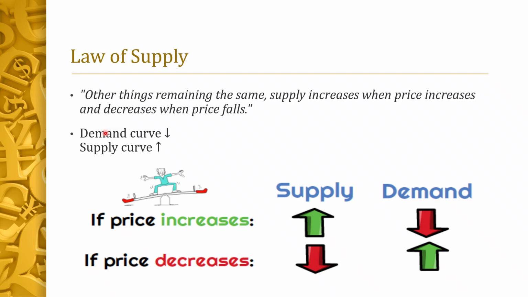So the demand curve is always downward, and the supply curve is an upward curve. We see that if the price increases, the supply also increases, though the demand decreases. And if the price decreases, the supply also decreases, though the demand increases. So again, there is an inverse relationship between demand and supply.